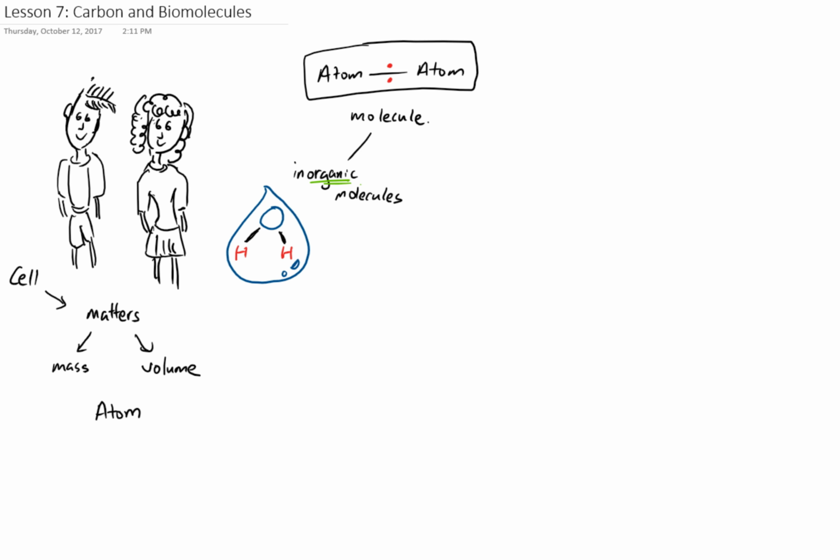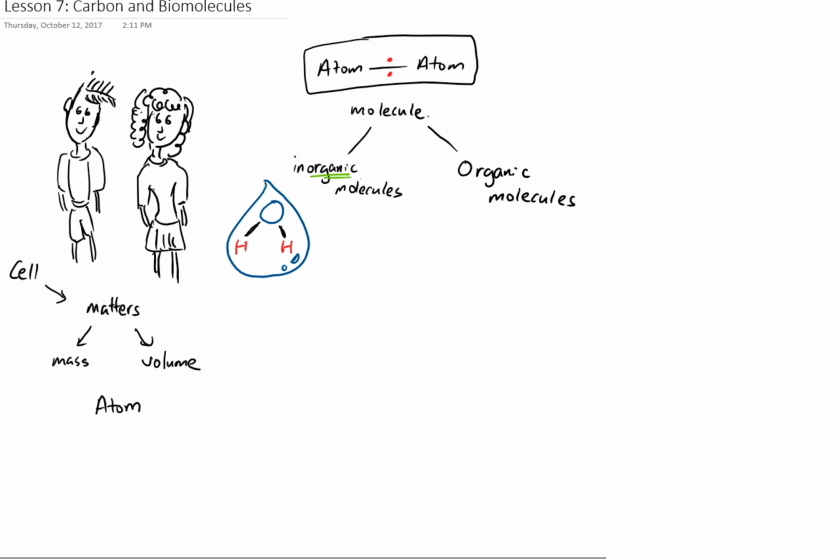We are now moving on to a different type of molecule, which is organic molecules. So organic molecules are really just molecules that make life. So how do I know the difference between organic molecules and inorganic molecules? Well, first of all, you can see whether they can contribute to life. And the second thing we can observe is that organic molecules tend to use one particular type of element to make the molecule.